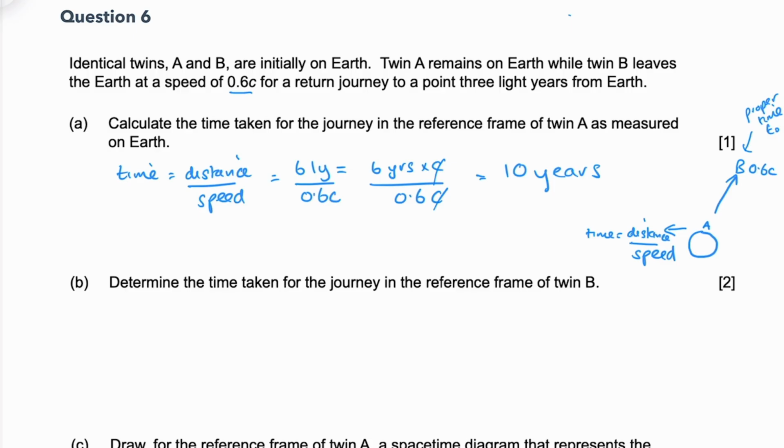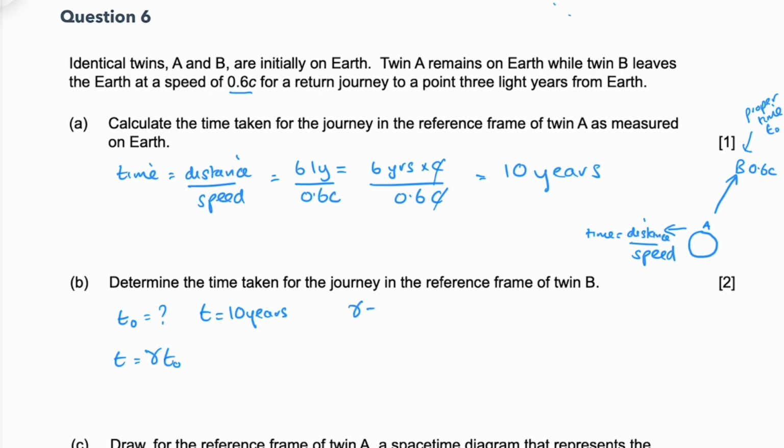B, determine the time taken for the journey in the reference frame of twin B. Well, we said that twin B is experiencing proper time, and we want to find out what that is. We know that the time that's dilated is experienced by the twin on Earth, and that's 10 years. So we want to use T equals gamma T naught, but we need to find out what gamma is.